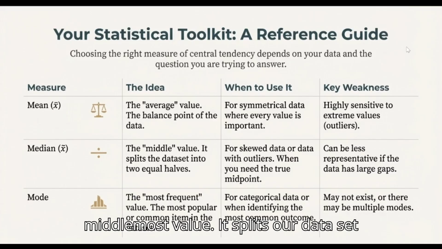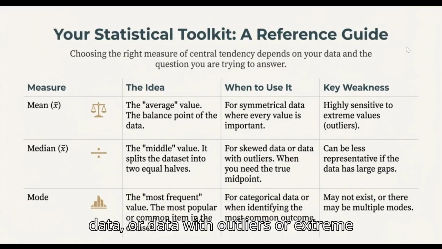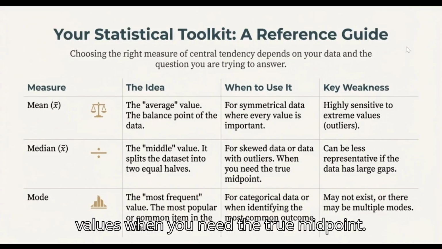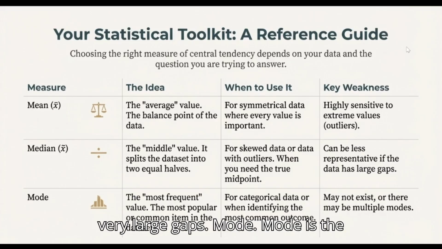It is the middlemost value. It splits our data set into two equal halves. When to use it? We use it for skewed data or data with outliers or extreme values, when you need the true midpoint. But its weakness is that it can be less representative if our data has very large gaps.